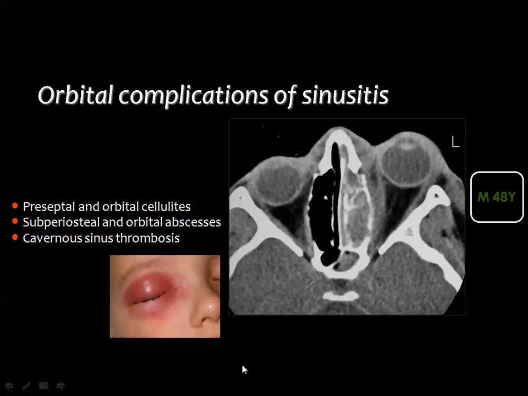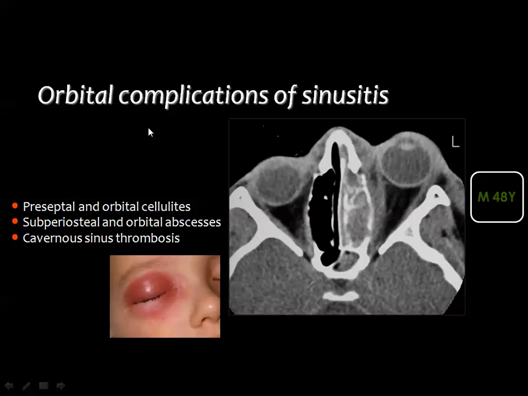And this is a good example of orbital cellulitis secondary to ethmoid and sphenoid sinusitis. There is extension of the inflammatory process along the medial orbital wall, displacing the medial rectus laterally, with inflammatory granulation tissue between the muscle and the ethmoids.